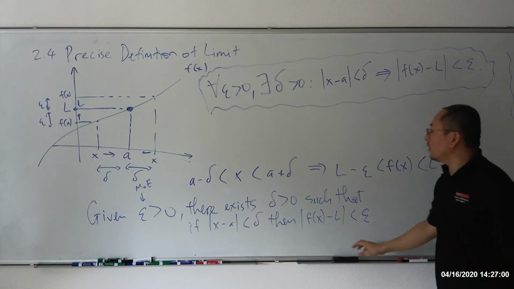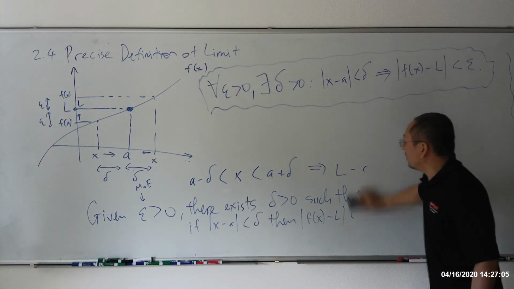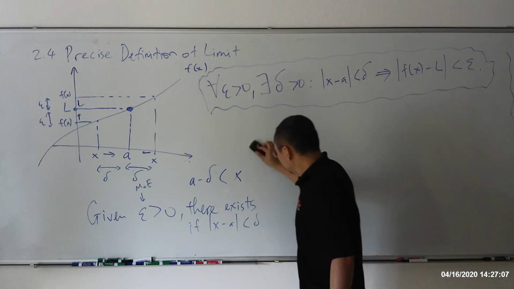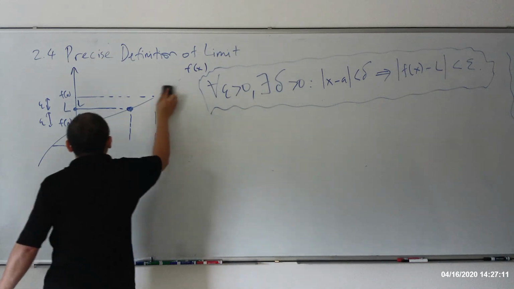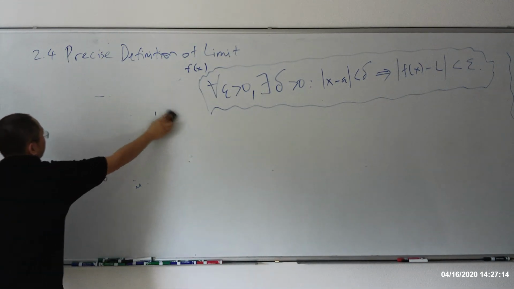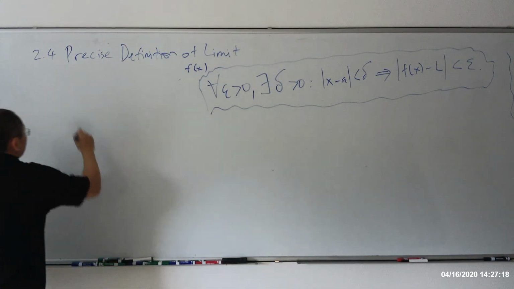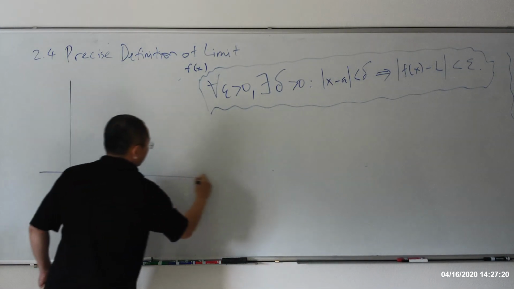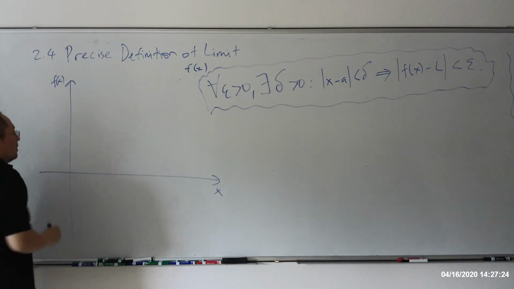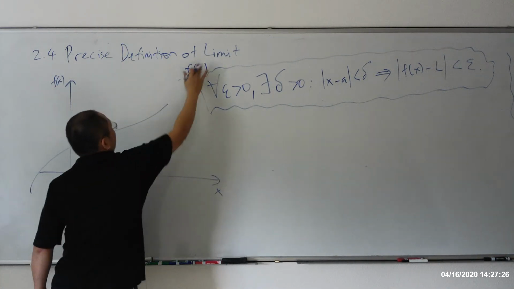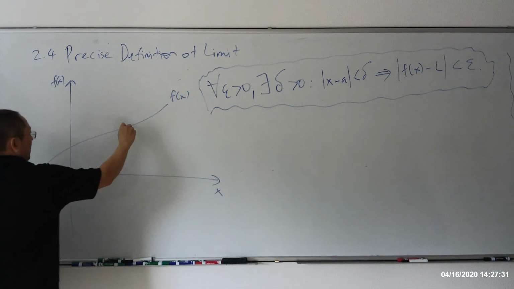To make it easier for you, let me give you an example, break it down step by step, and you guys will see the idea of it. X in here, f of x in here. I have a function right now, I don't know what it is. My function f of x, and this is my point right here.